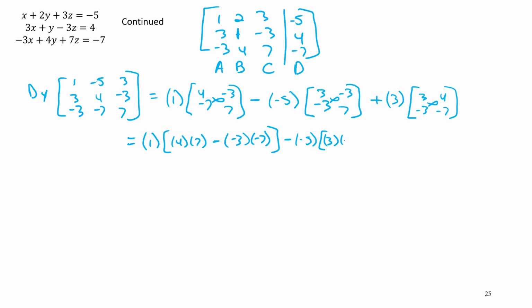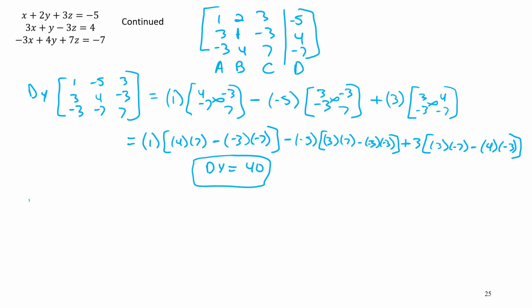Then you get 3 times 7 minus -3 times -3, plus 3, you'd get -3 times -7 minus 4 times -3. And your d of y would equal 40.